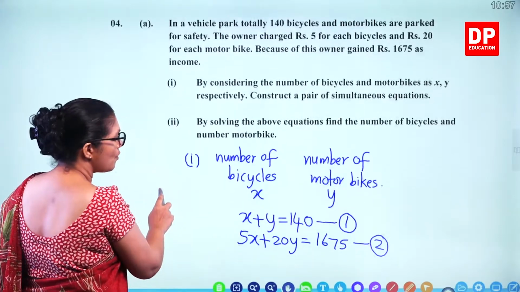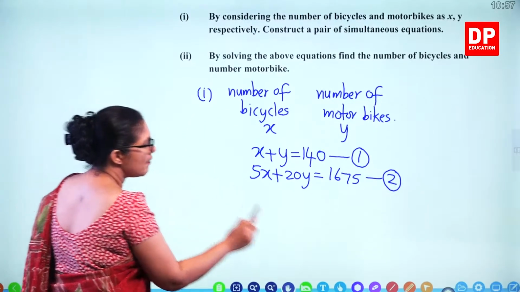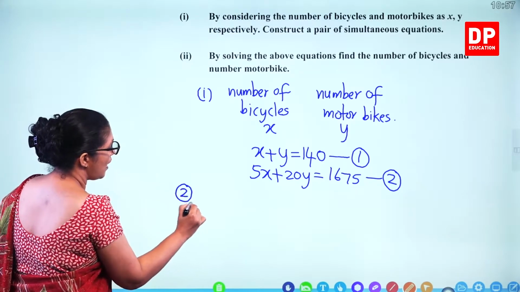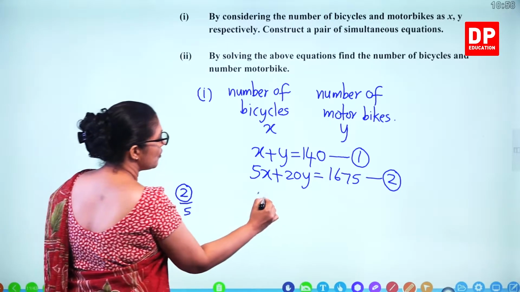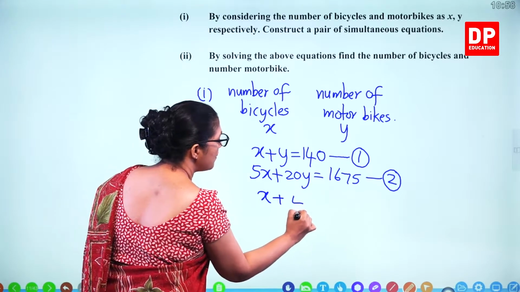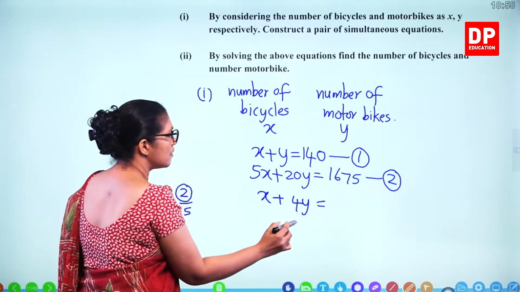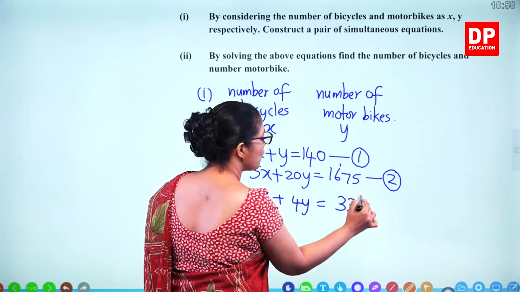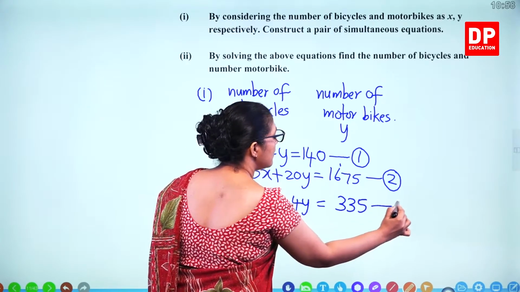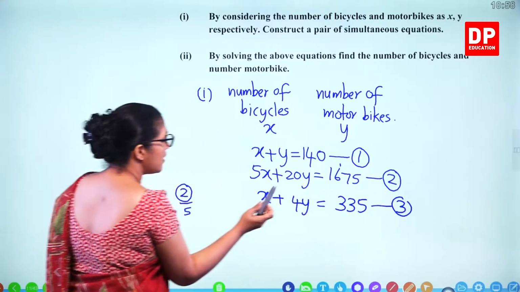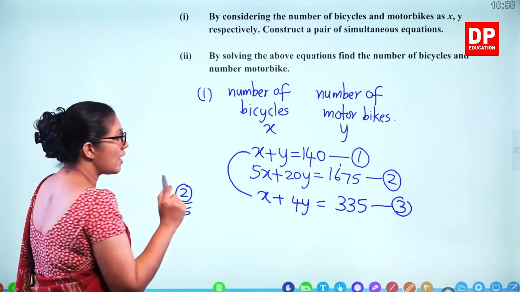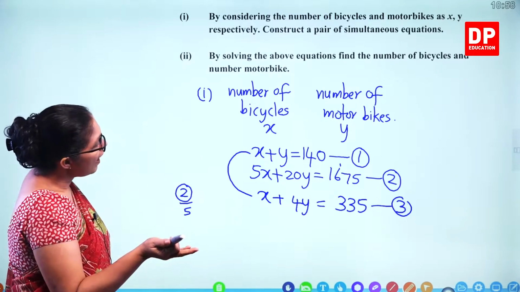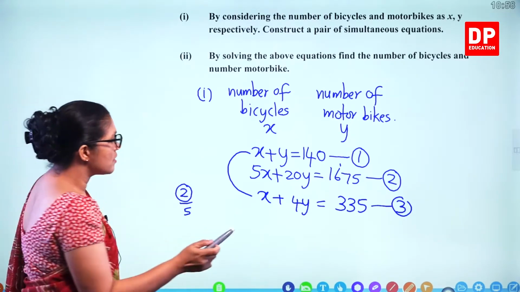Now we need to solve this. So first you can divide the second equation by 5. You get x plus 4y equals 335. Now we can see when you take 1 and 3, the coefficients are equal in x. So you can subtract the two equations.